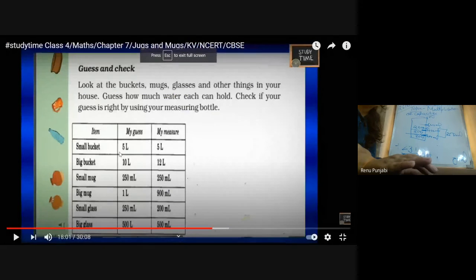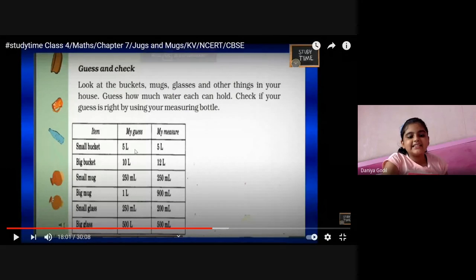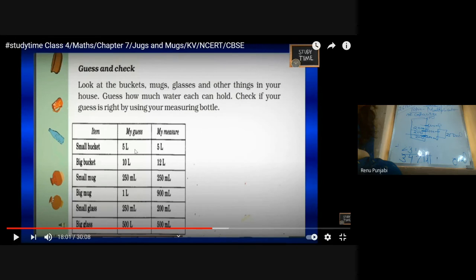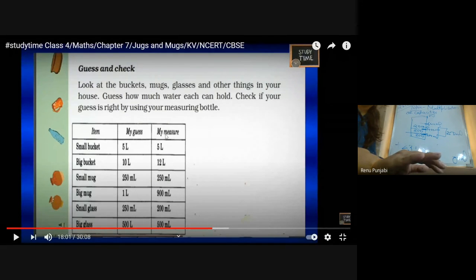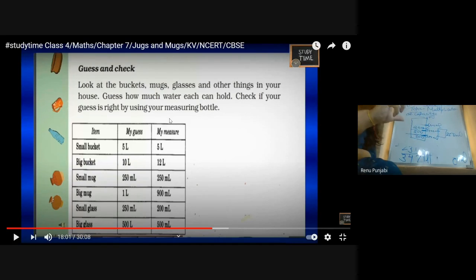So small bucket, suppose we are guessing the capacity. Suppose the capacity of the jug is this, the bucket is this. You need to write the different container names, you need to write the capacity of them as your guess, and check if your guess is right by using your measuring bottle. Now you have made that measuring bottle. First you will guess, take a bucket, guess how much its capacity is.